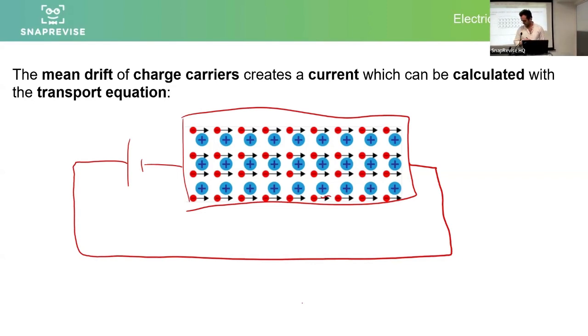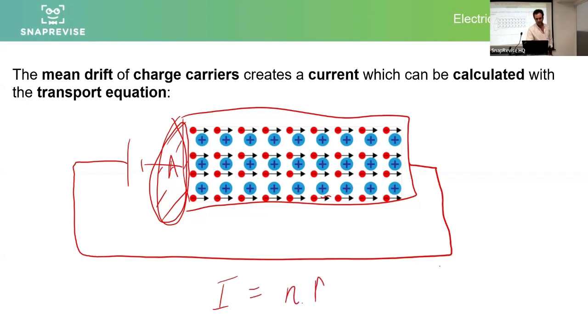This wire has a cross-sectional area of A. The current flowing is the number of electrons multiplied by the cross-sectional area of this wire, multiplied by my mean drift velocity, times the charge of each electron.